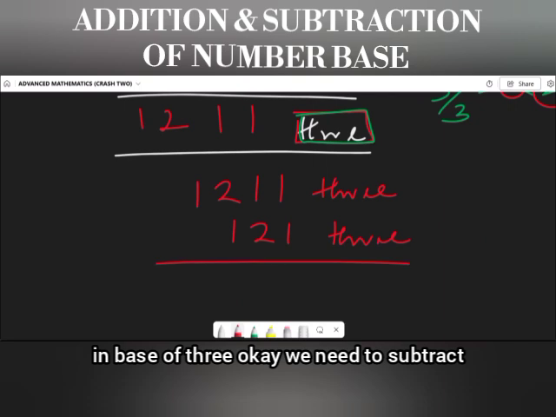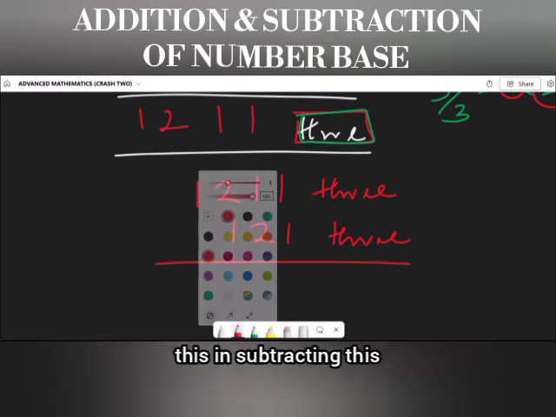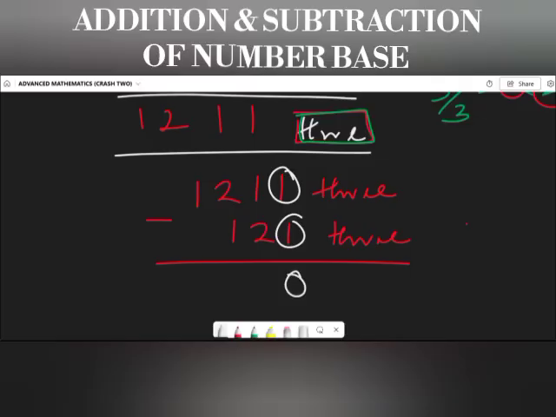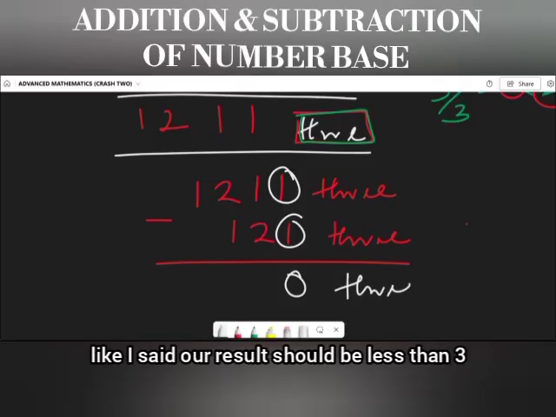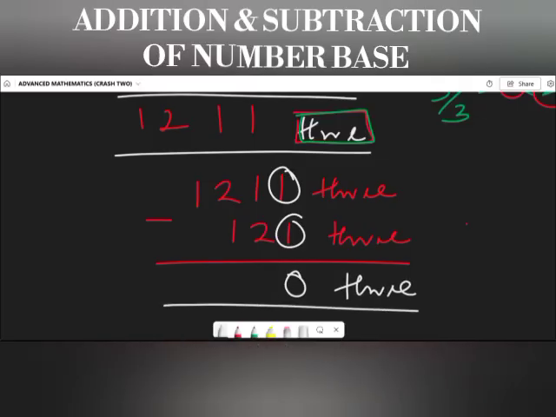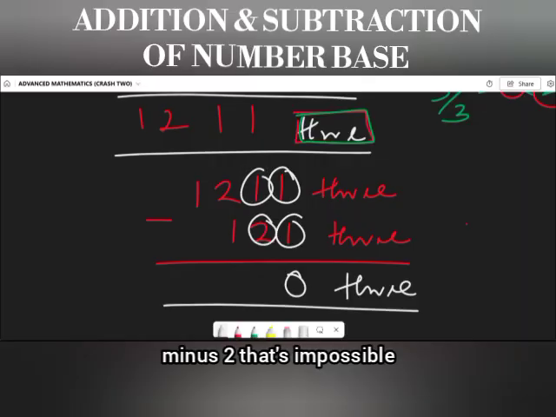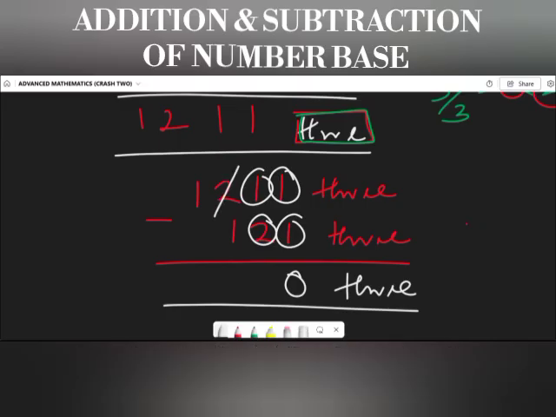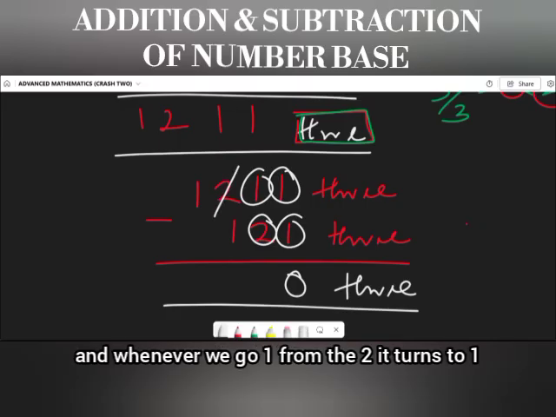Okay, we need to subtract this. In subtracting this, what do we have? 1 minus 1 will give us 0. Like I said, our result should be less than base 3. Then 1 minus 2, that's impossible, because 1 cannot subtract 2. So what we need to do is to borrow from these 2, and whenever we borrow 1 from the 2, it turns to 1.